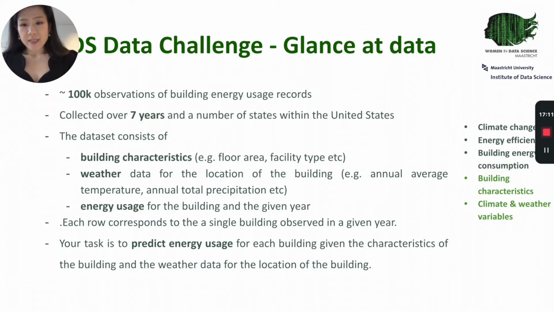The data set includes the building characteristics and weather data and energy use, of course. Each row corresponds to a single building observed in a given year. Your task is to predict energy usage for each building given the characteristics of the building and the weather data for the location of the building.